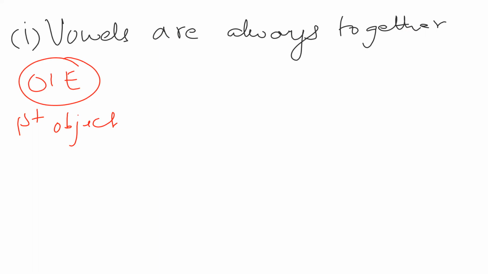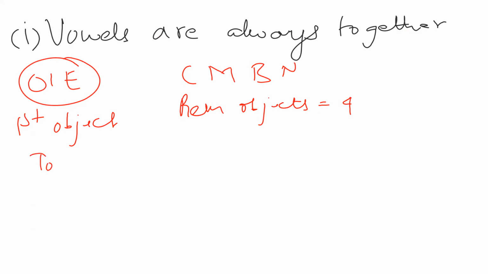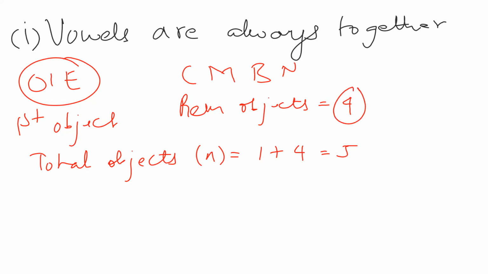Because they are supposed to be together. C, M, B, N are the remaining objects, which are 4. So total objects N is equal to 1 plus 4, which is equal to 5. OIE is supposed to be only one object.